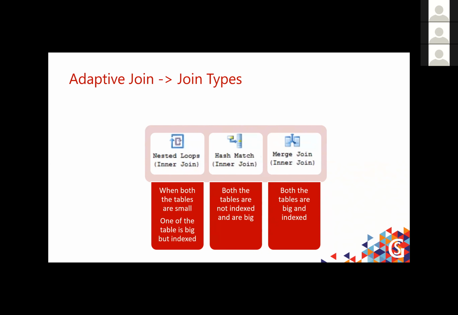The third option is merge join, which is picked when both tables are fairly large and both joining columns are indexed. The size of the table typically gets determined by statistics.